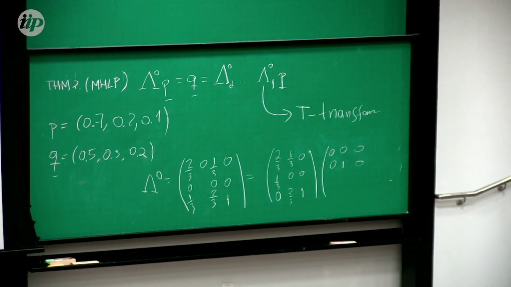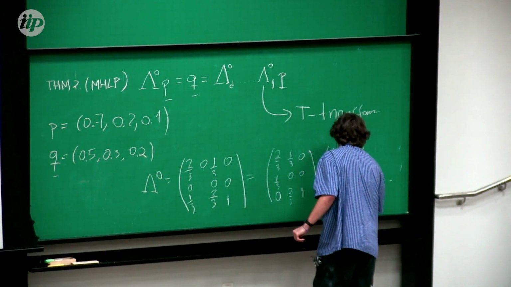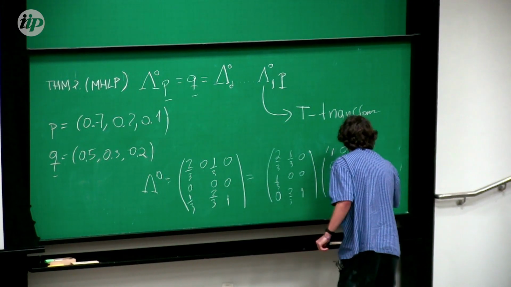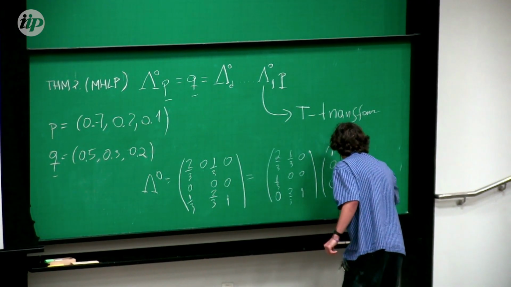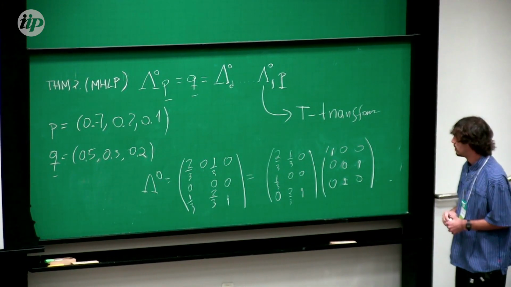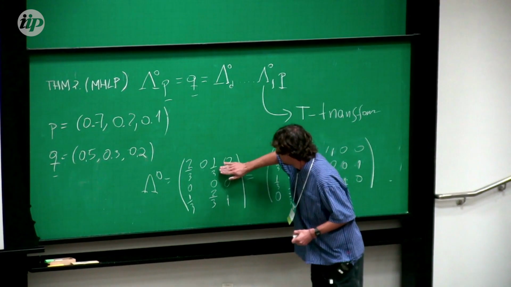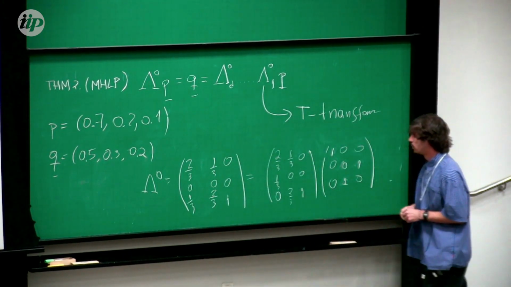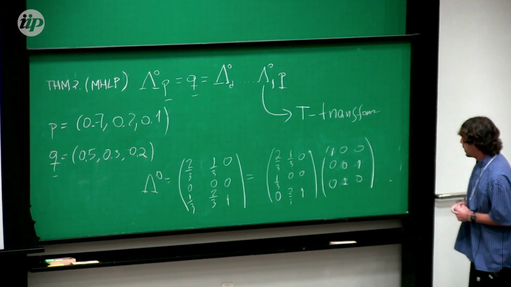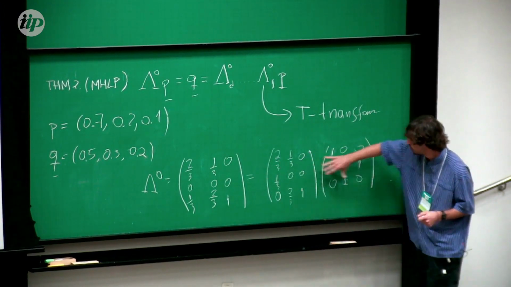I was almost right. It's 1, 1, 0, 0, 0. This is 1, 0, 1, 0. Ah, that's true. Thank you. Great. So we can take this stochastic matrix and break it down into this product.